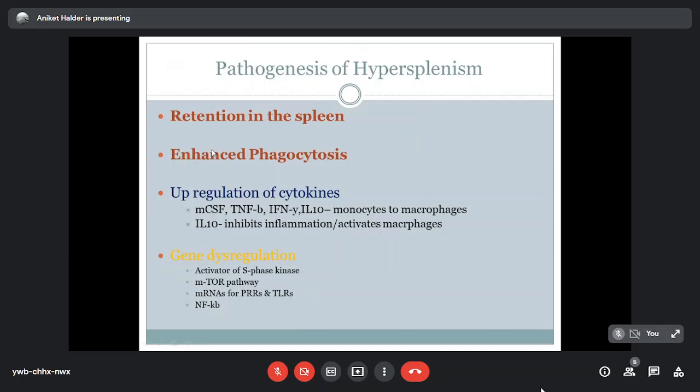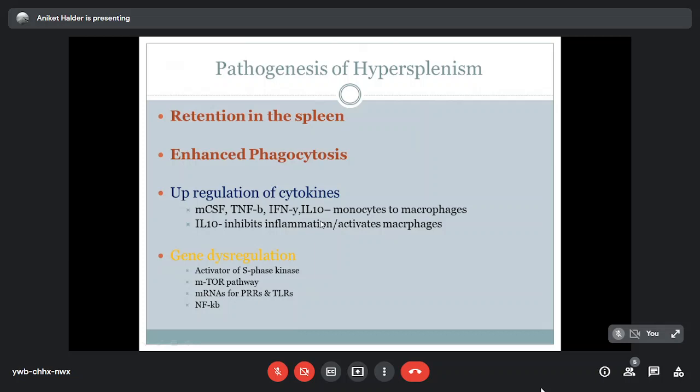And this increased phagocytosis may be due to upregulation of different cytokines, and these cytokines are the monocyte colony stimulating factors, the tumor necrosis factor beta, interferons, and different interleukins, which ultimately convert the monocytes to macrophages, and they also stimulate the homing of the monocytes towards the spleen, and there is increased activation of these macrophages, which causes the enhanced phagocytosis of the red cells and the different blood cells, causing cytopenias.